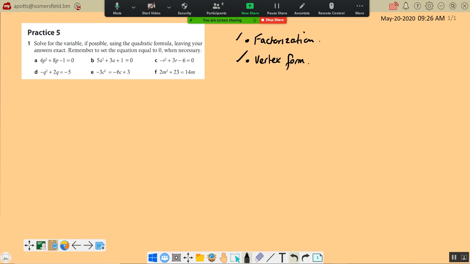I can give you any question on those and you'll be able to do it, all right? Now, I told you that coming from vertex form, there is another option, which is using the quadratic formula. Did anyone have a look at how vertex form ends up being the quadratic formula?